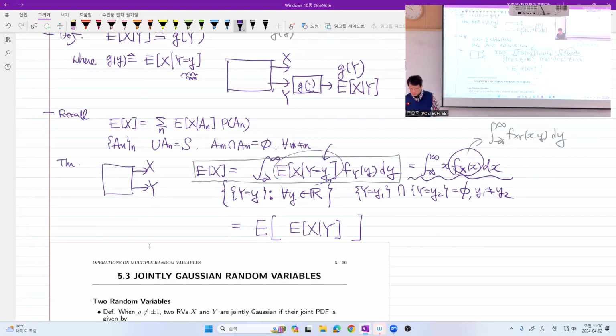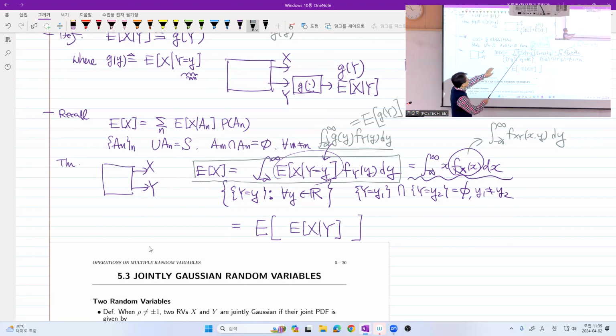Then it becomes obvious. Let's say this is g of y. Then what is that? Integration of g of y times density of y. What is our ordinary notation? Expectation of g of capital Y. Am I right? So this is simply expectation of g of capital Y.